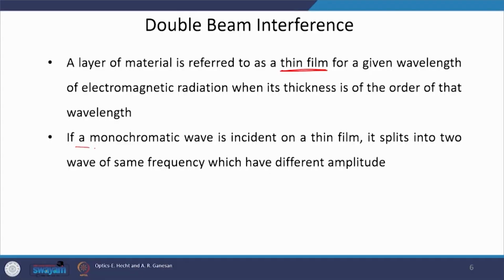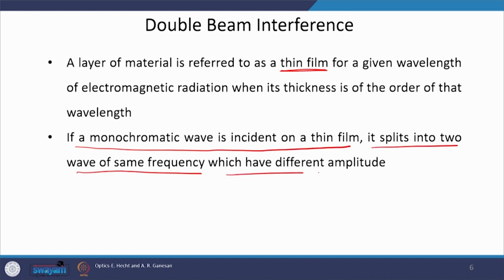If the film's thickness is of the order of the wavelength, then only we call it a thin film. Now, if a monochromatic wave is incident on such a thin film, then it splits into two waves of the same frequency which have different amplitudes.